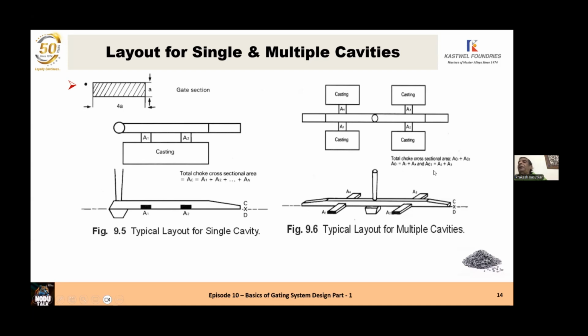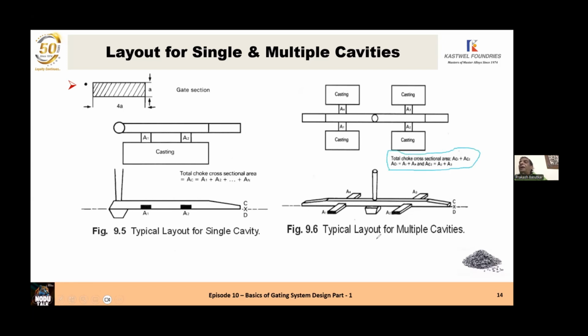Similarly, the choke on the right-hand runner is AC2, which consists of the total area of in-gate A2 and in-gate A3. So the choke area on the right runner is AC2, which is the A2 area and A3 area. You can see here in the elevation, down sprue bottom, runner on the left, runner on the right.